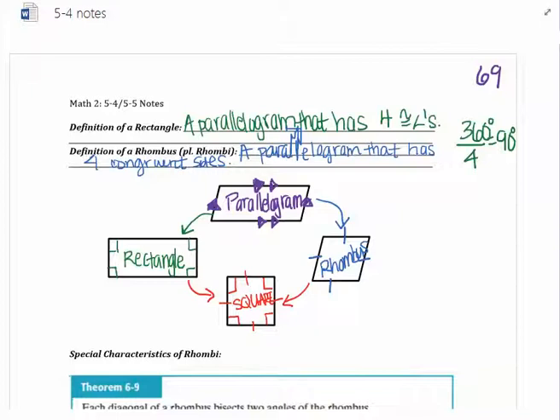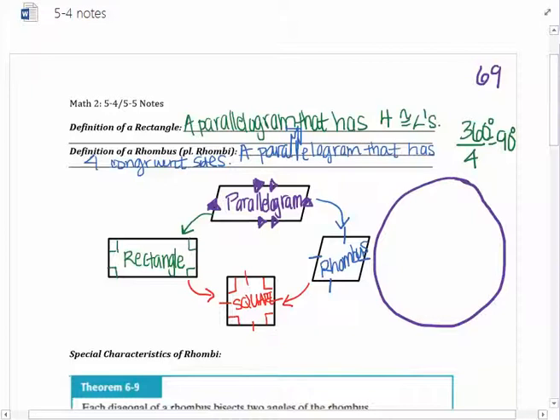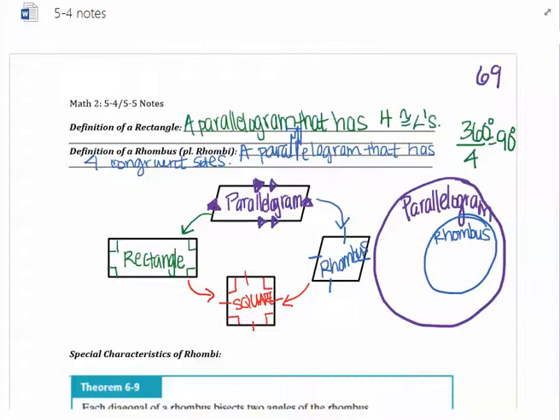You can also do a more Venn diagram shape. So if I do a Venn diagram, everything in here is a parallelogram. Then everything in here would be a rhombus. And all rhombuses, or all rhombi, are parallelograms, so they are entirely contained.